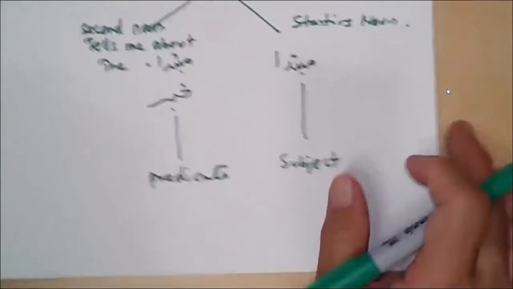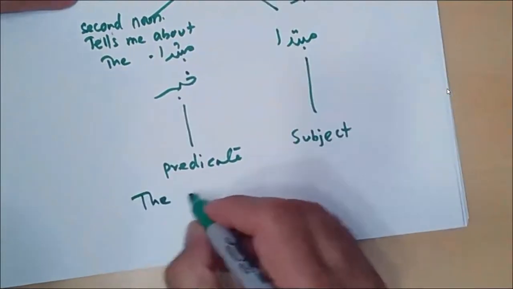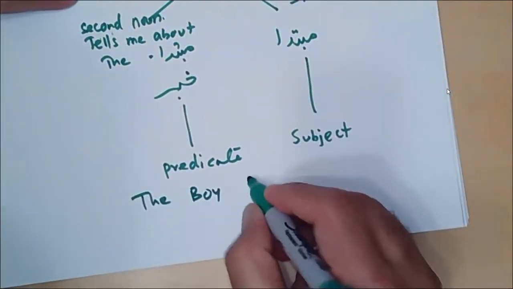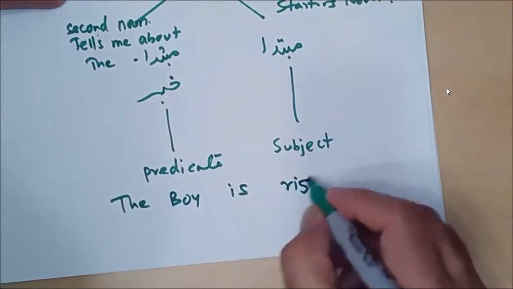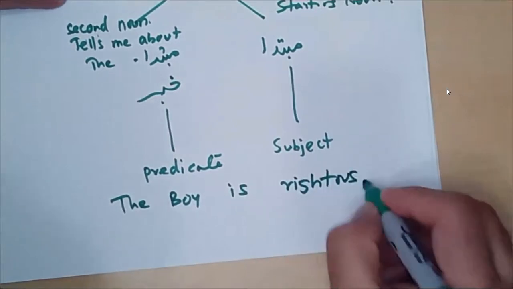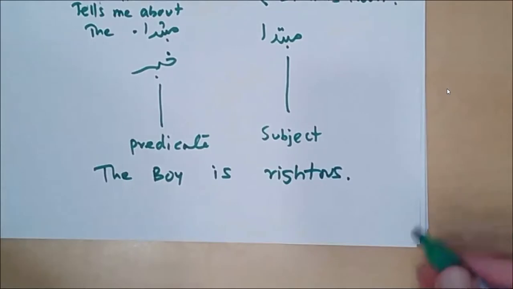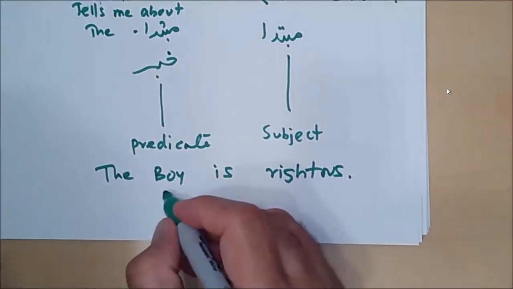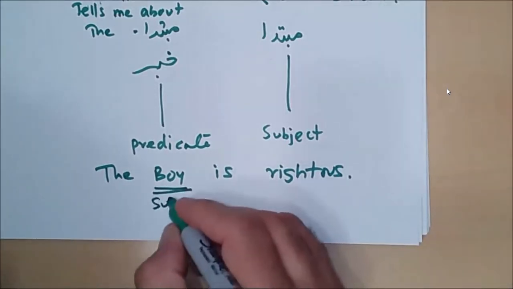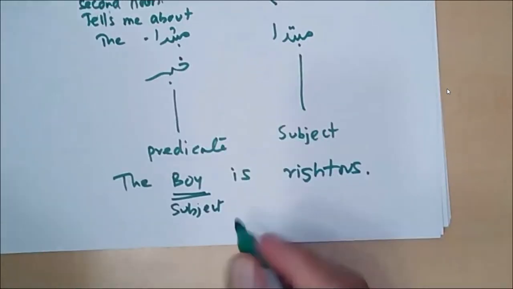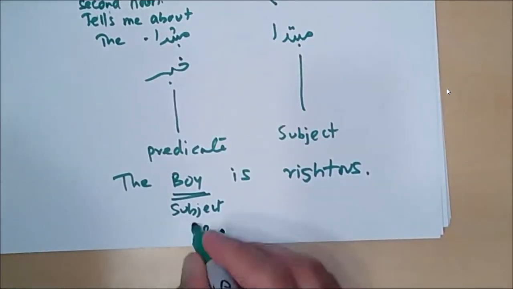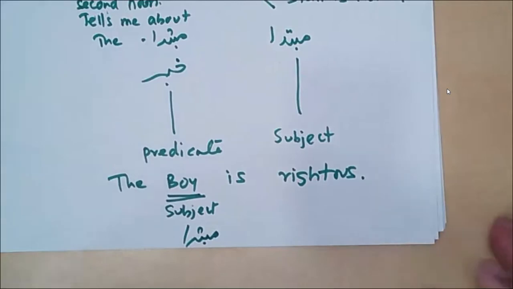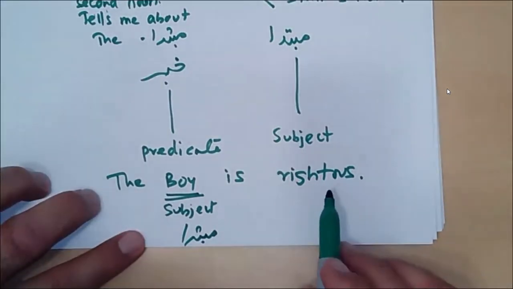Okay? For example, if I say the boy is righteous, so who's the subject? The boy. So the boy is the subject. So in Arabic, what is it? Mubtada, right? And what is the news we're getting about the boy?